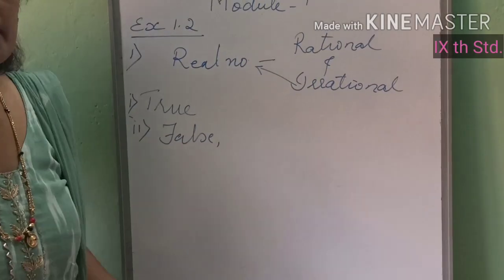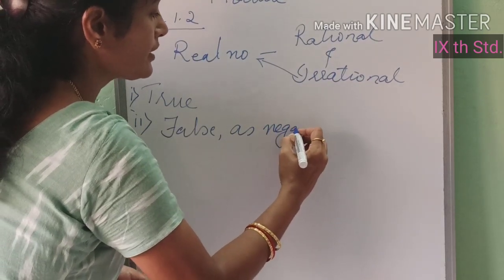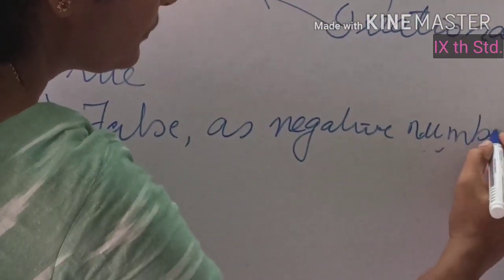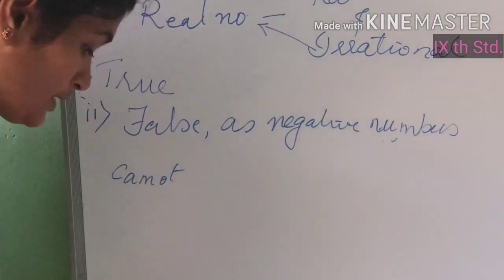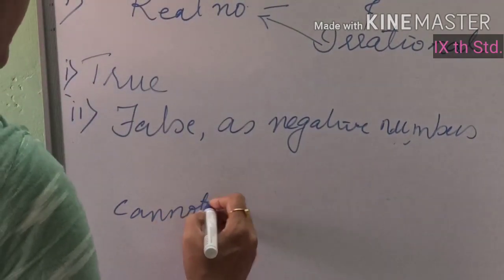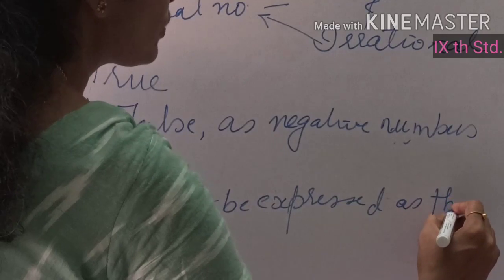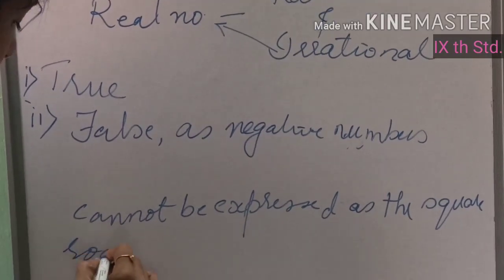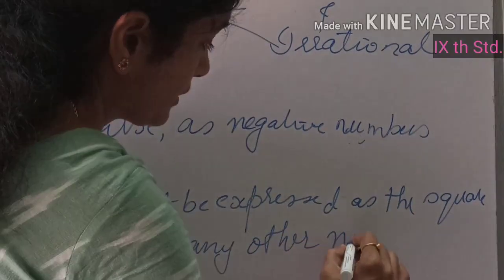Because negative numbers cannot be expressed as the square root of any other number.